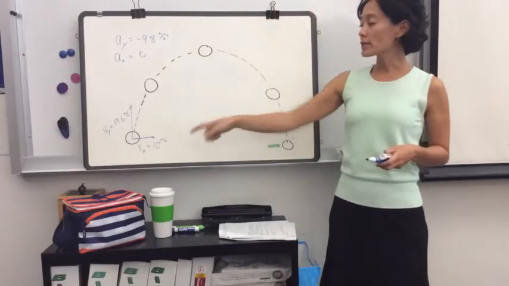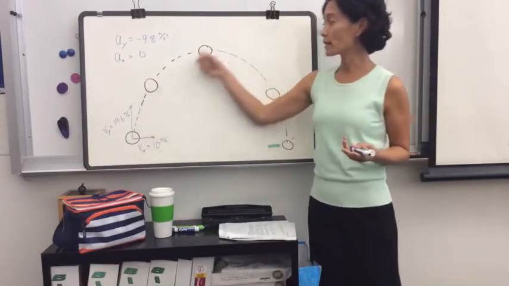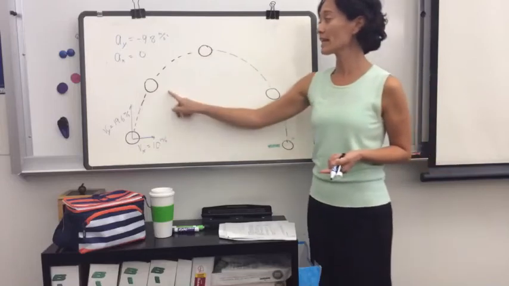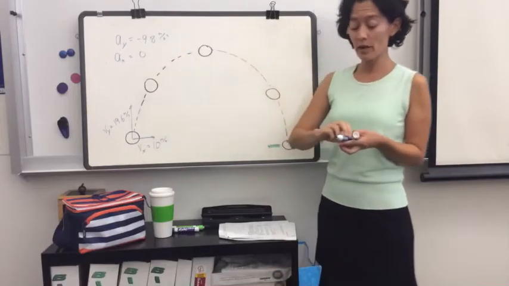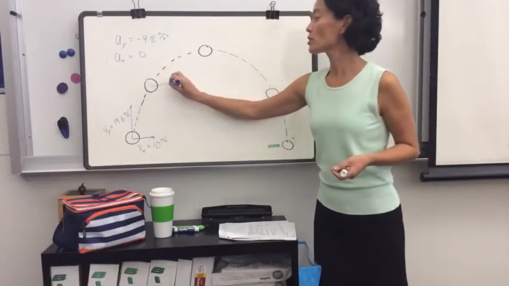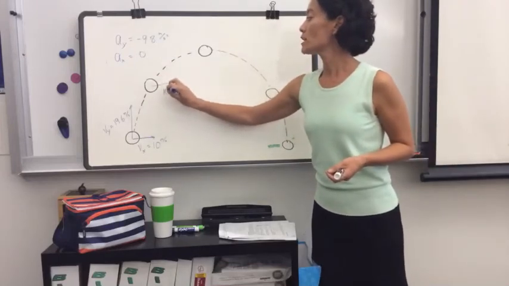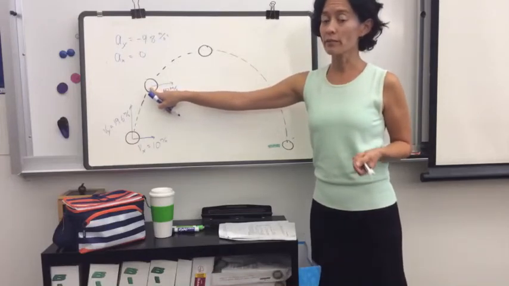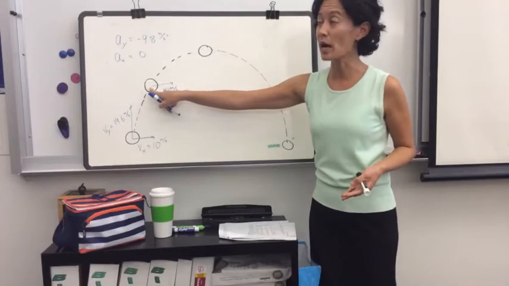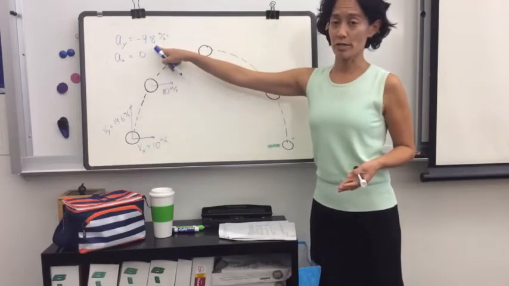So if I were to look at these intervals, and we're going to assume these are 1 second intervals, 1 second later, my horizontal acceleration of 0 has not affected my horizontal velocity. So my horizontal velocity is still 10 meters per second. My vertical velocity, though, has been affected by gravity. My vertical velocity is going to change by negative 9.8 meters per second.